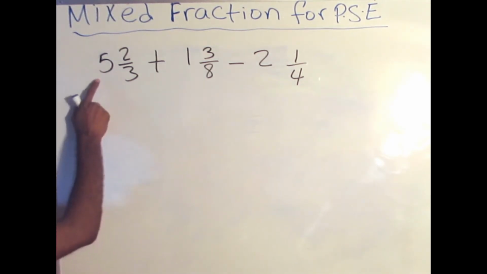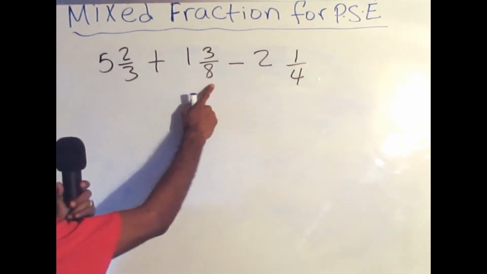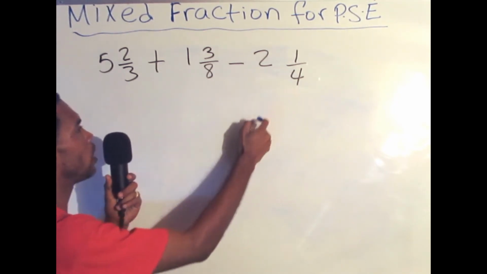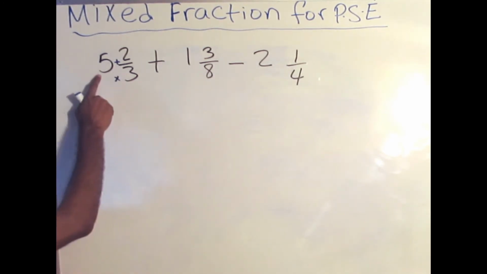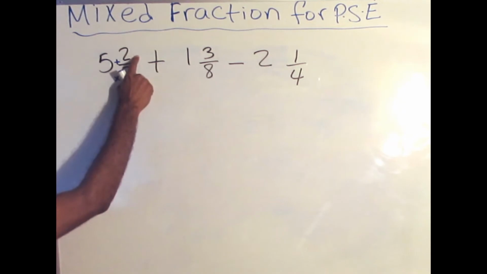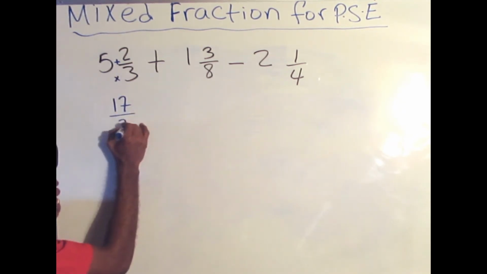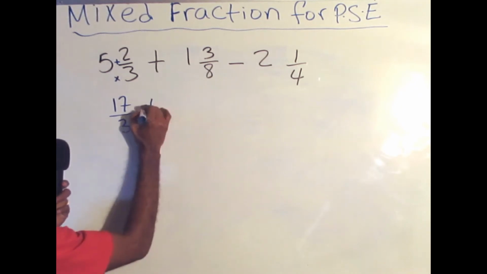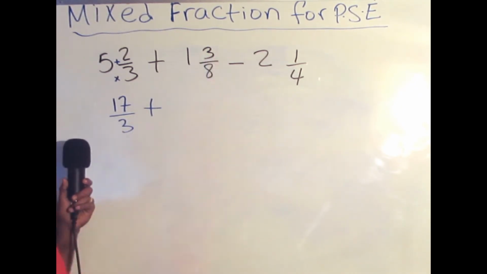As you can see, our first problem is 5 and 2/3 plus 1 and 3/8 minus 2 and 1/4. So let's start. It's 5 times 3, 15, plus 2, 17. So it's 17 over 3, our same denominator, plus 1 times 8, 8, and 8 plus 3 is 11.